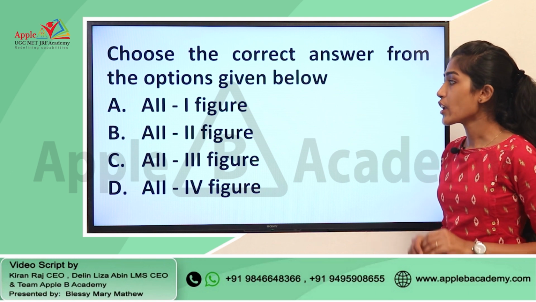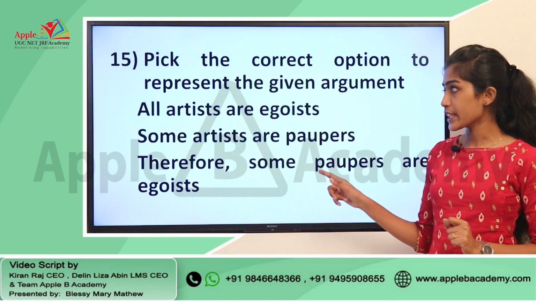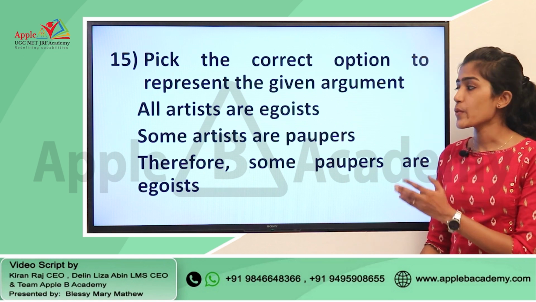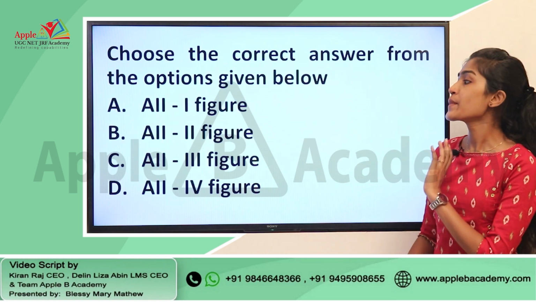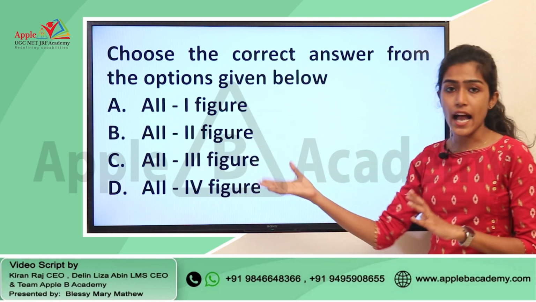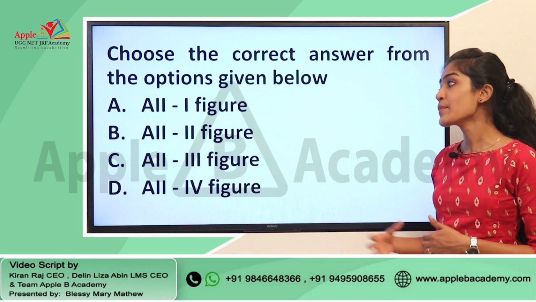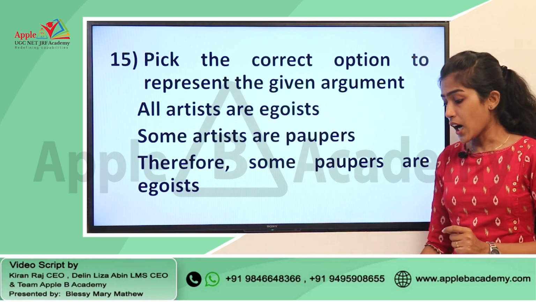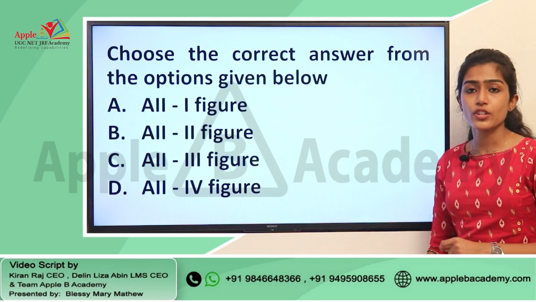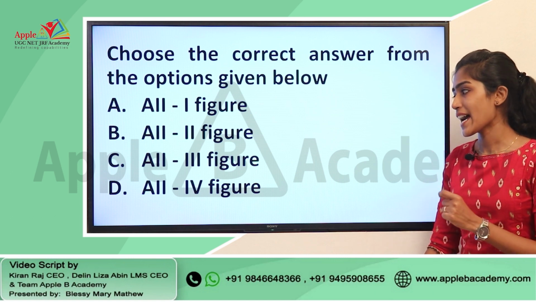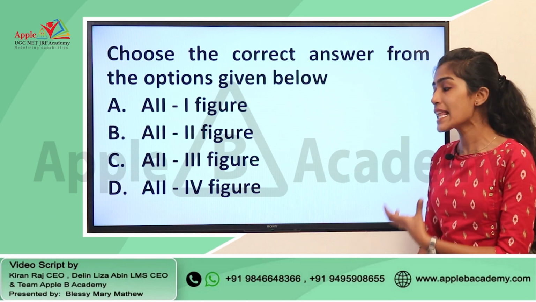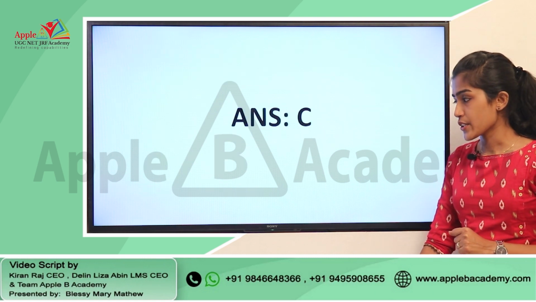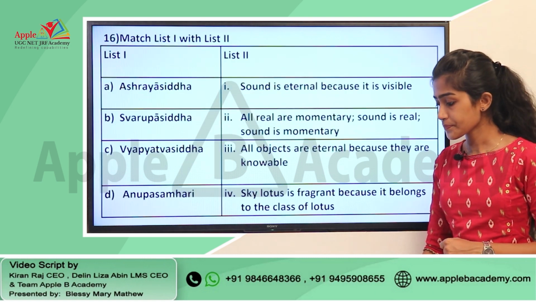So, we have to find out the mood and figure of this particular argument which is given here. So, first and foremost we have to find out the mood. Anyway, all the options have the same mood given as AII, and then we have to find out the figure of this particular argument. Anyway, the right answer for this question is option C, AII is the mood and it is the third figure, or this particular argument is in the third figure. So, that is option C.